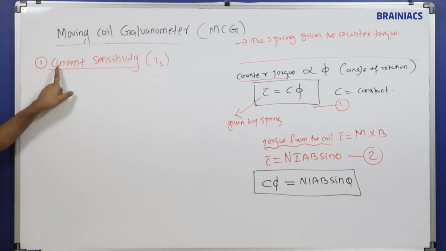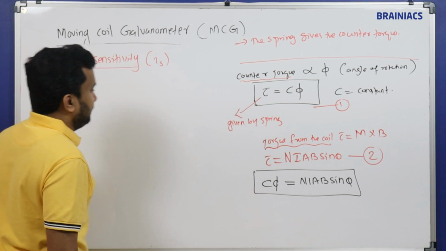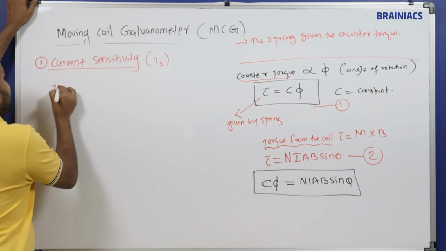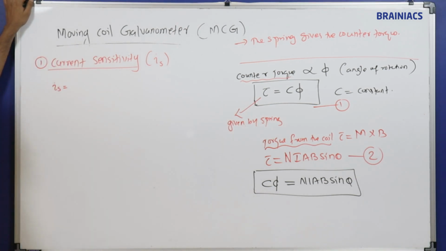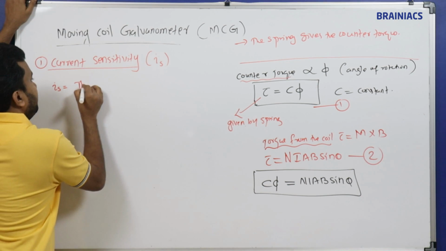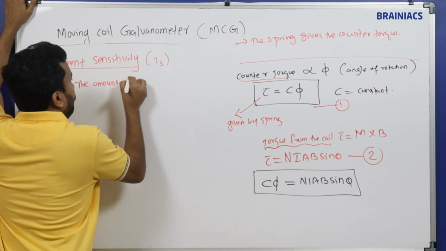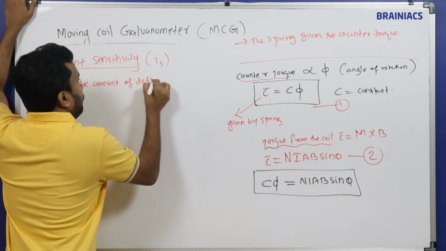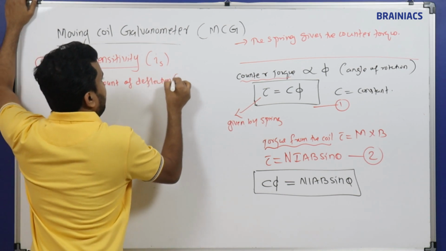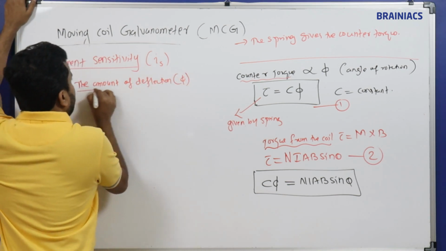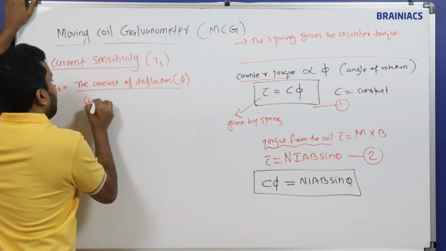This is very easy. Current means I, sensitivity means S. So current sensitivity is equal to the amount of deflection divided by current. The amount of deflection means what? Phi. Amount of deflection divided by current.